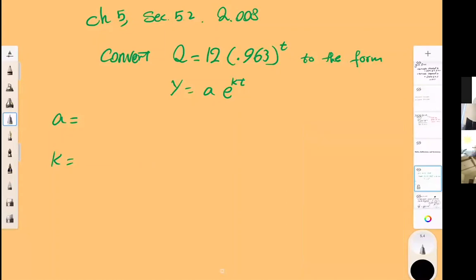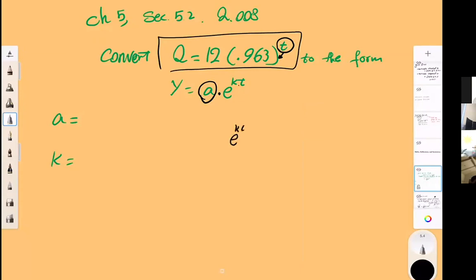This t is the exponent of this one, and there is no way I can break up 0.963. We have e to the power kt, which is the same as e to the power k, all to the power of t.